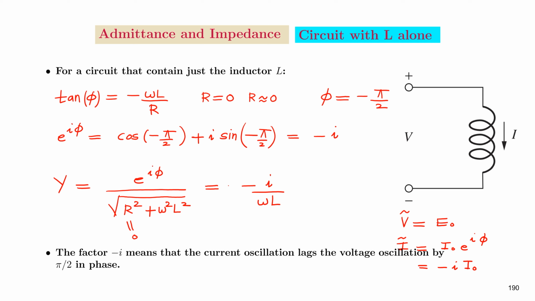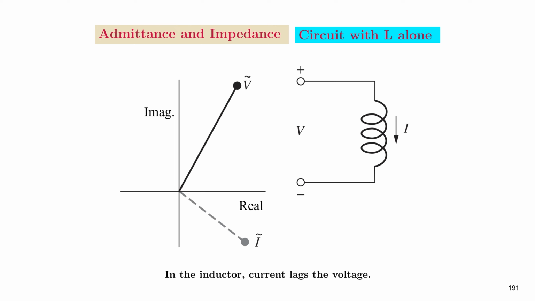The factor minus i means that the current oscillation lags the voltage oscillation by pi by 2 in phase. As before, let us try to plot the complex voltage and complex current in the complex plane.